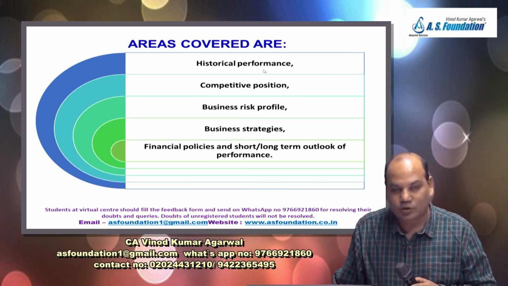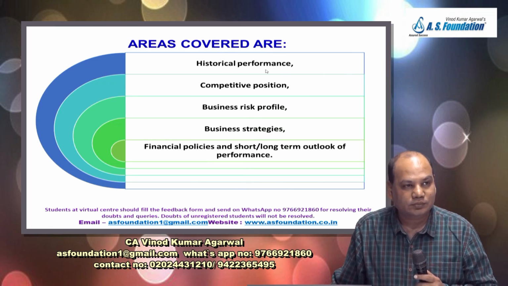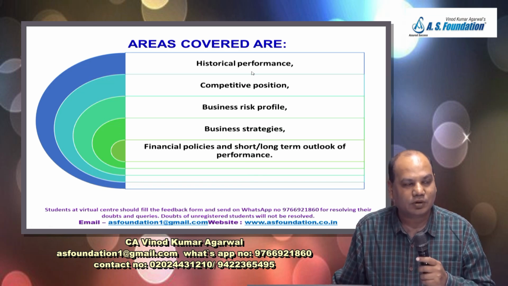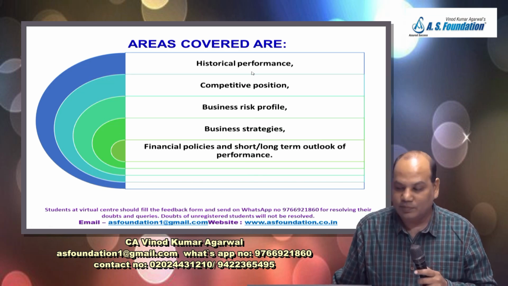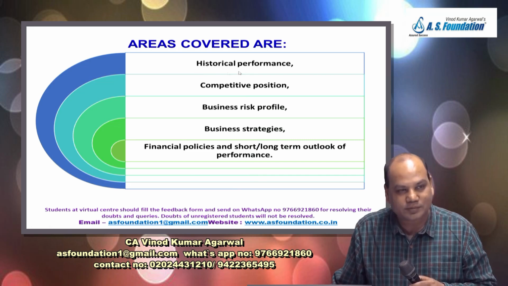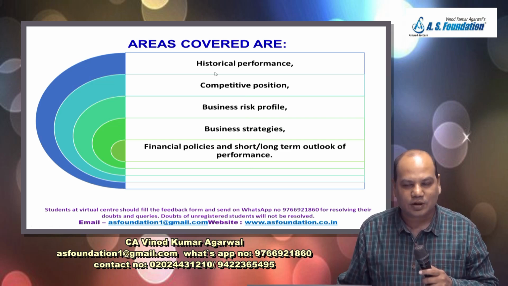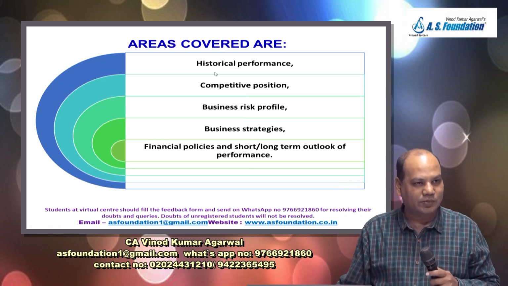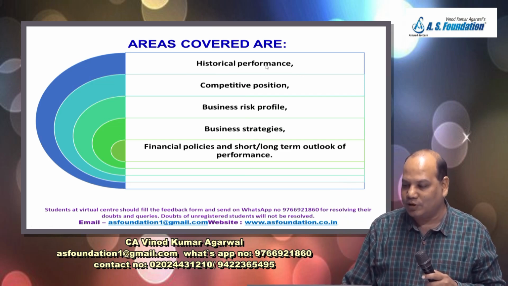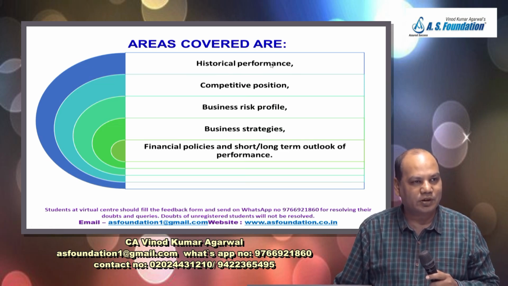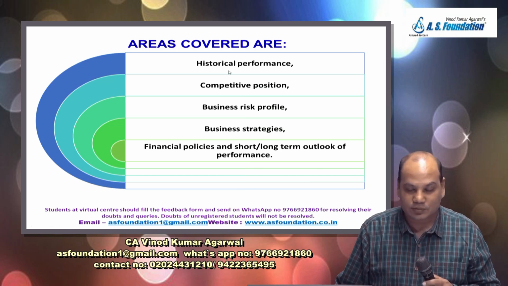So we will see the areas which they look into. They will look into the historical performance. They will take the last 4 or 5 years of balance sheet, P&L account, cash flow statement, and they will see what is the earning growth rate, etc. What you learn in that ratio analysis chapter: debt equity, return on investment, EPS, cash flow generated per share, all this analysis is done.